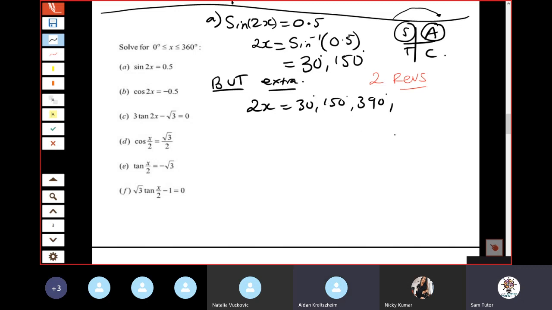Now some students then go, oh, but Sam, didn't you say these are too large, outside of our domain of 360? Well, they are, aren't they? But what must you do with this 2 now? Put a 2 in front of your letter. Do you divide everything by 2? Yeah, right.